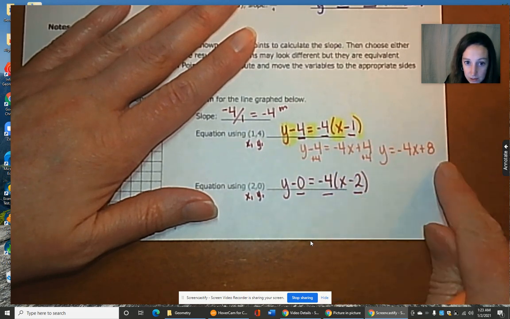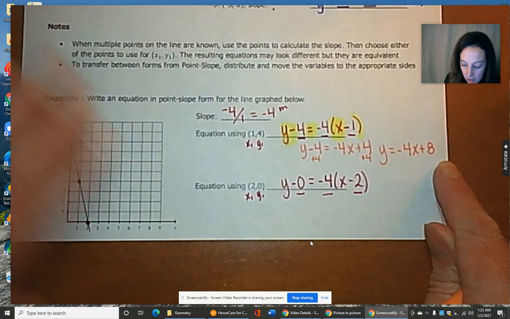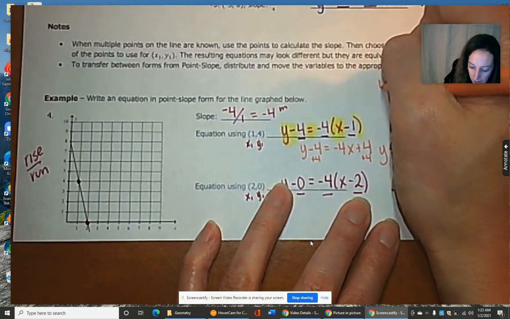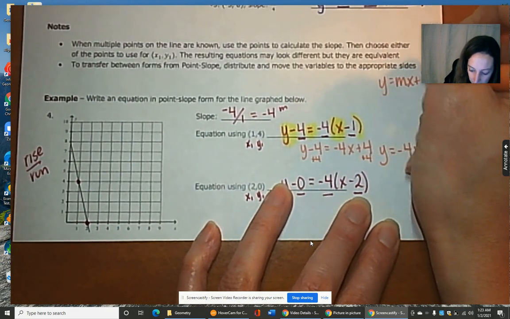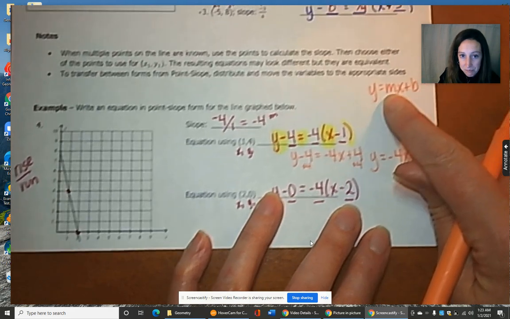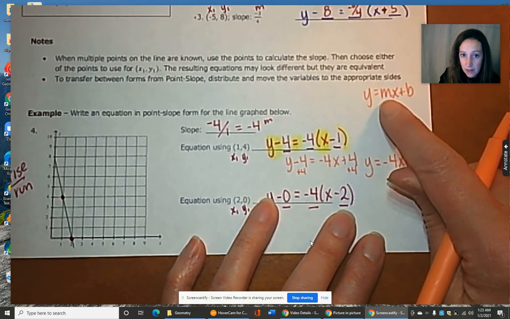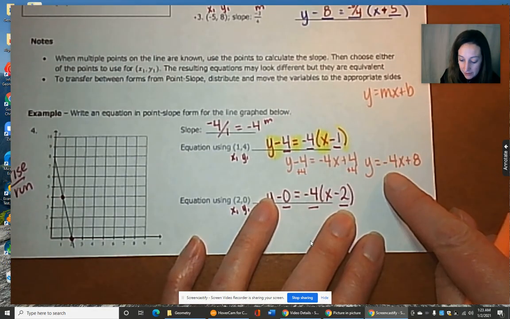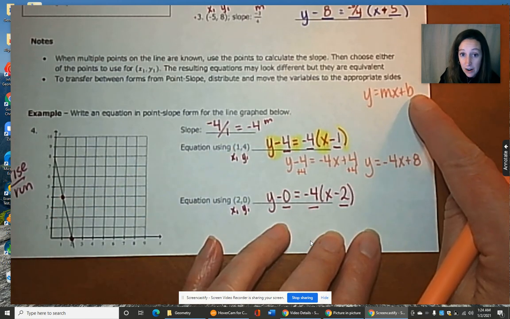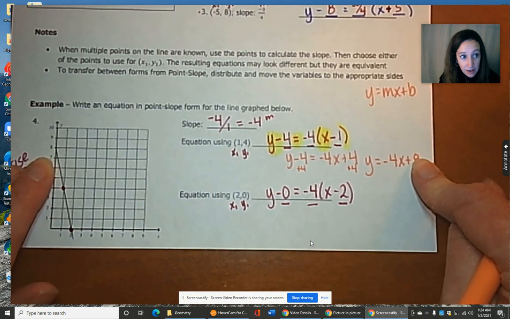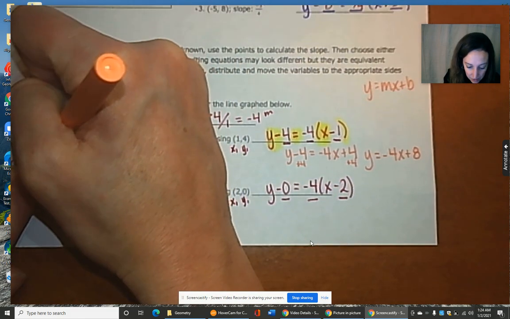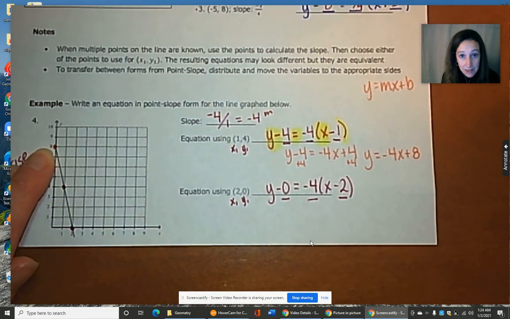Right? If I used this and got it into slope-intercept, remember we said slope-intercept was y equals mx plus b, where if y is solved for, the slope is multiplying our x, our intercept would be 8. And if we look here, our intercept is 8. It's going through that y value of 8, so it holds.